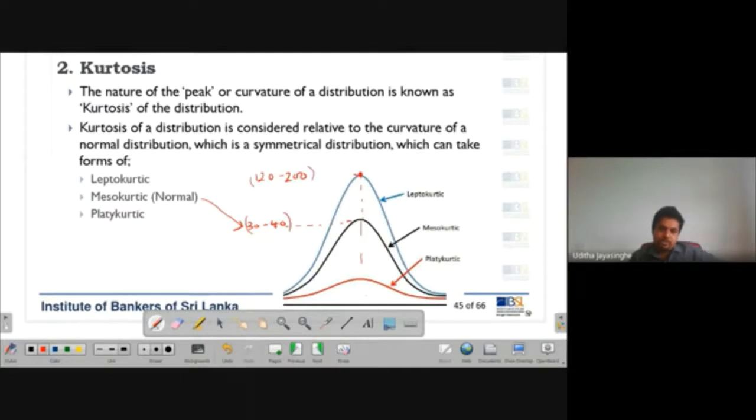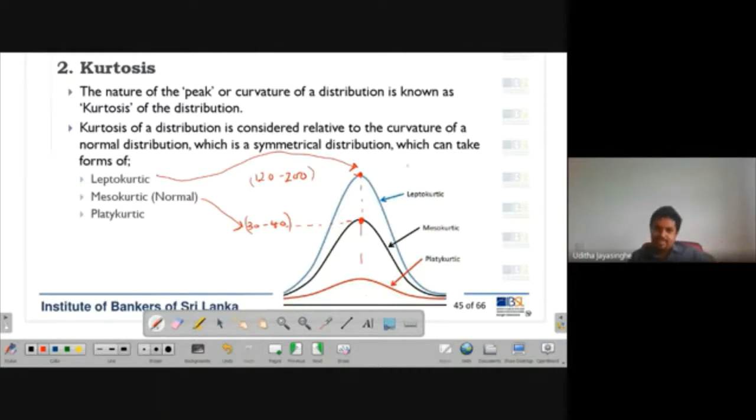Once you see these two height differences, we can identify that there is a greater concentration of data towards the central point compared to a normal instance. In such instances, we call this kurtosis nature a leptokurtic curve.